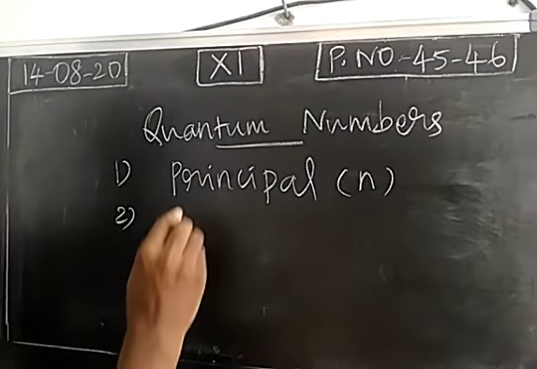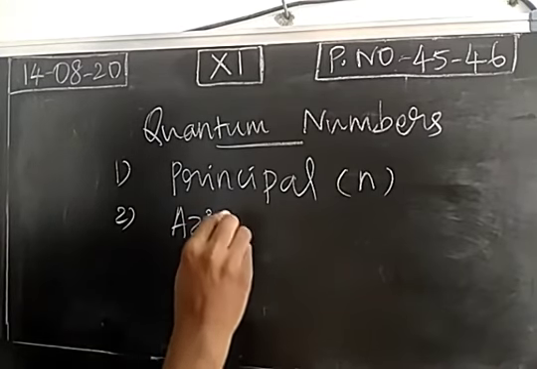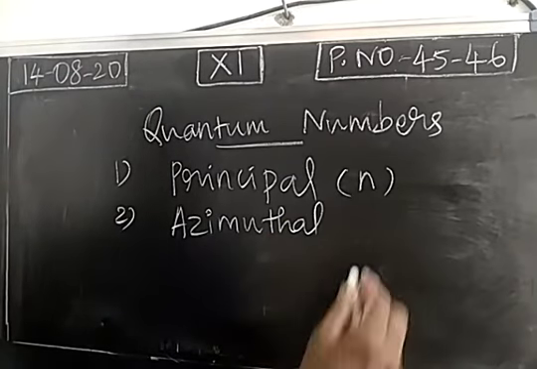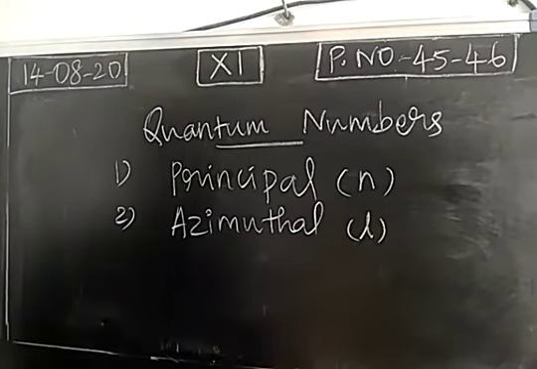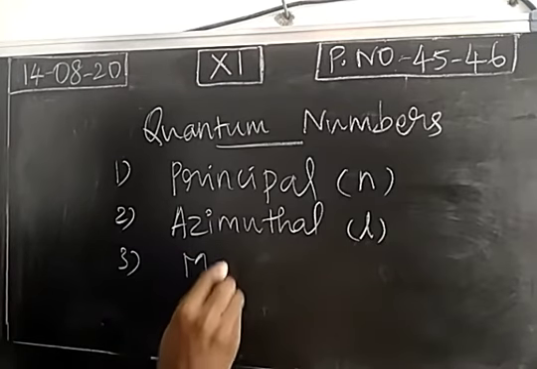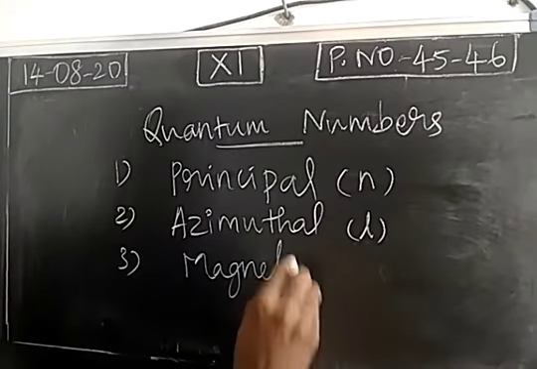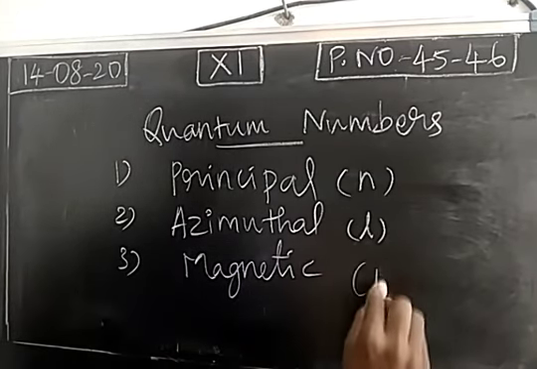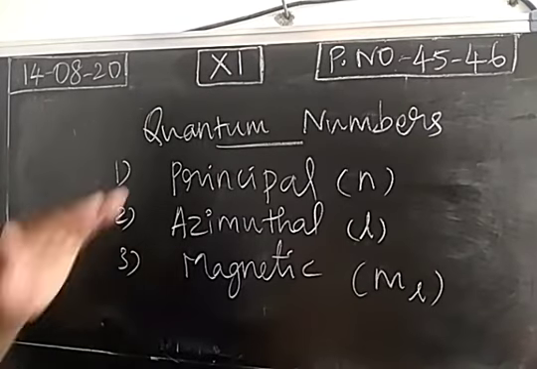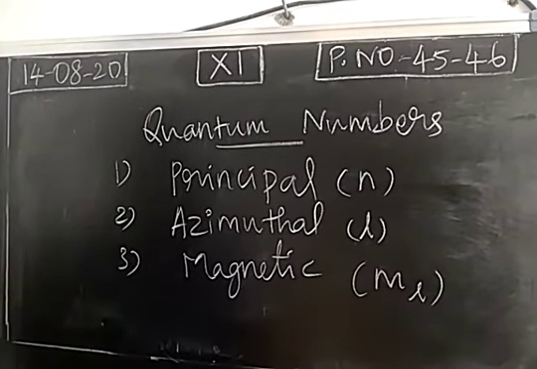Second, azimuthal quantum number, denoted by the symbol small l. Then magnetic quantum number, denoted by ml. So these three quantum numbers are obtained from the solutions of Schrödinger's wave equation.